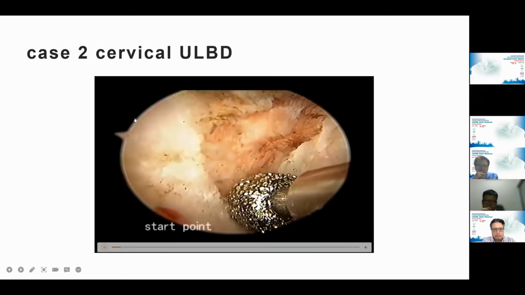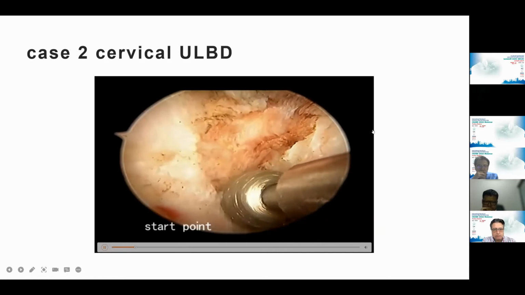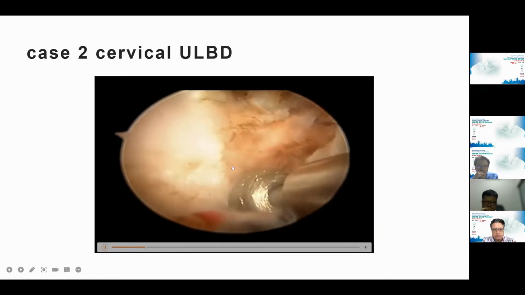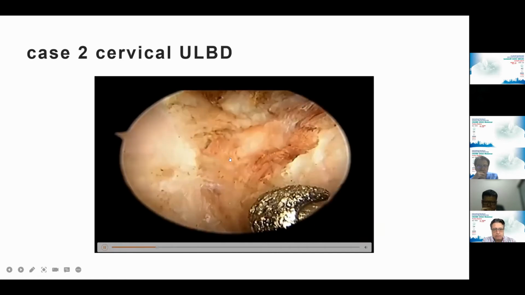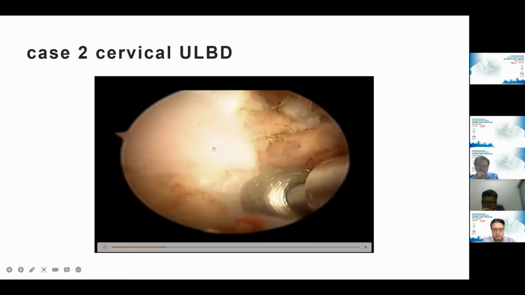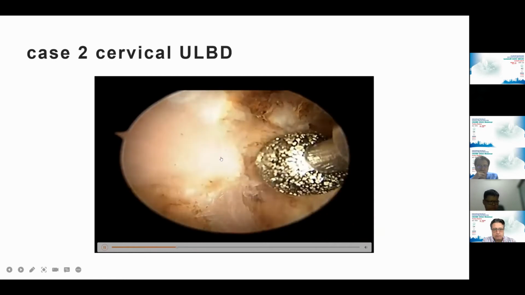And this case 2 is a cervical UBD. We remove the lateral plate of the lamina.